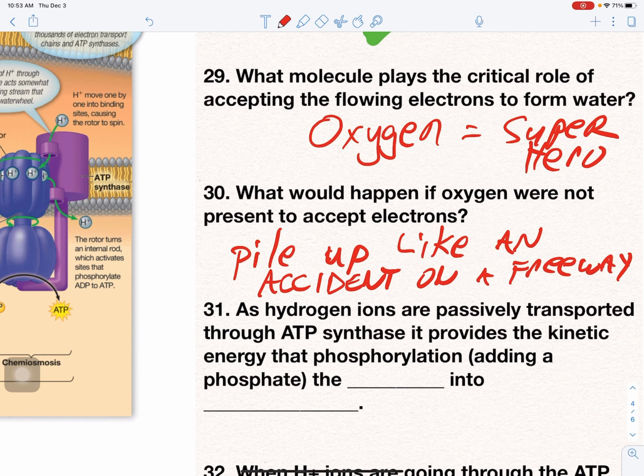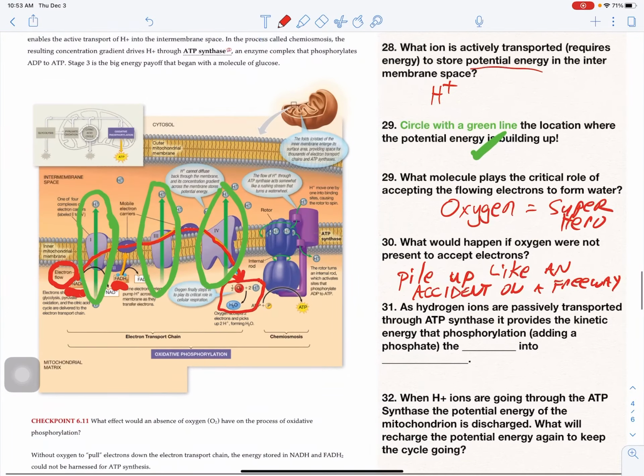Living in Southern California, I'm sure you have experienced a traffic jam with an accident. It stops the entire freeway. So if oxygen were not present, electrons would pile up here and it would back up the electron transport chain.